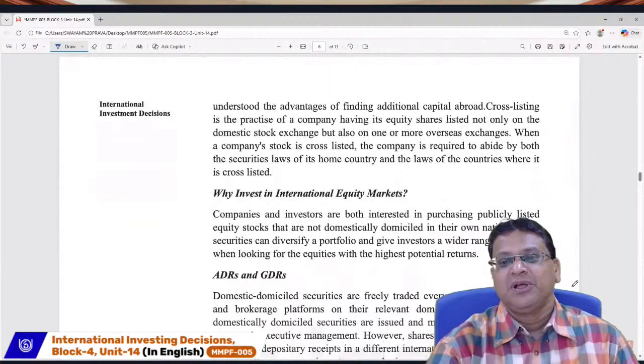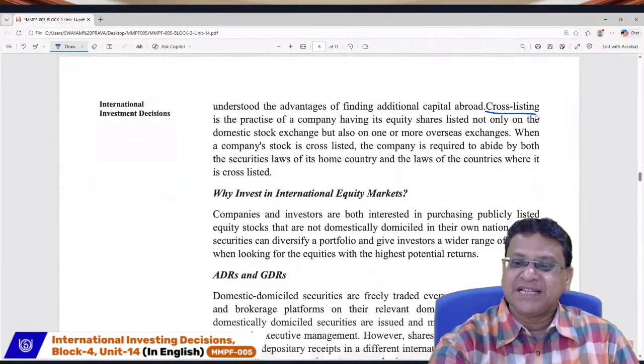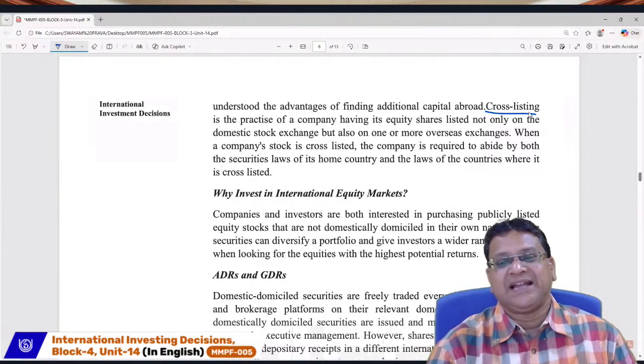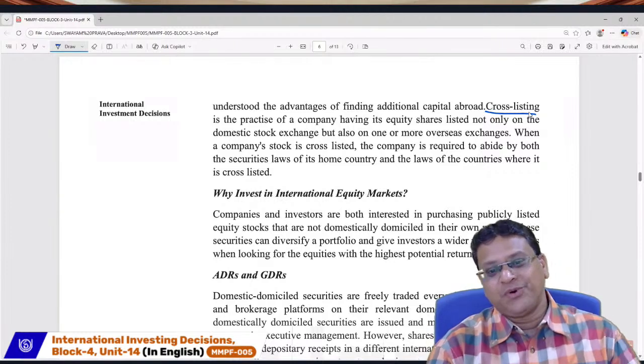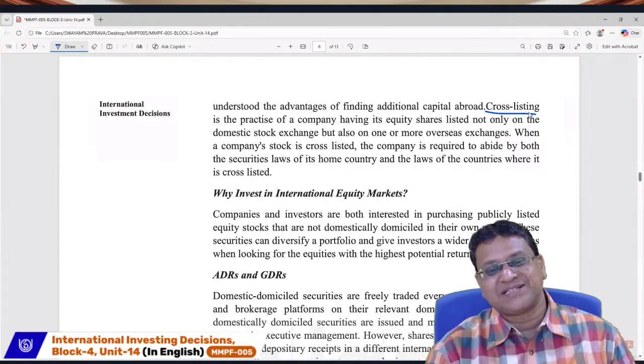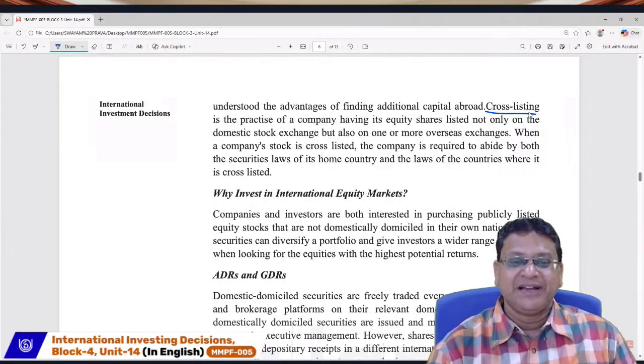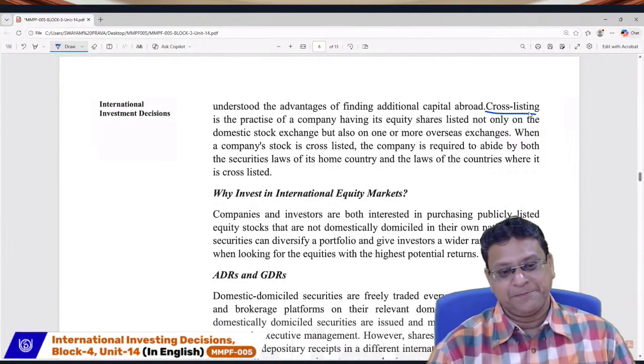Cross listing means listing the securities in different stock markets at a time. In the home country they list the securities, and in the host country they also list the securities. That is known as cross listing.